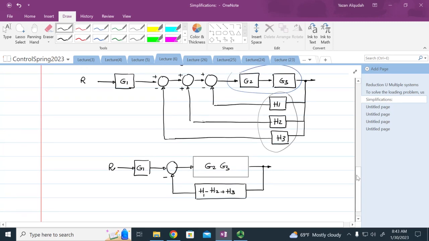See what I did here? I have a minus sign to H1, a positive sign to H2, a minus sign to H3. So I'm going to keep a minus sign, H1 minus, H3 minus, which is consistent. H2 is positive, so I use a negative sign here. Make sense? So this negative sign, if I multiply it, is going to be negative H1 plus H2 minus H3, which is what we have here.